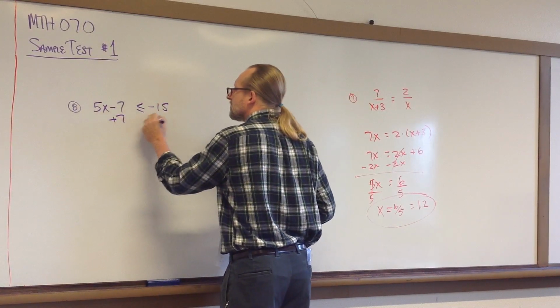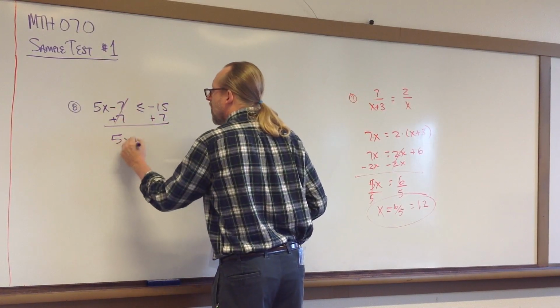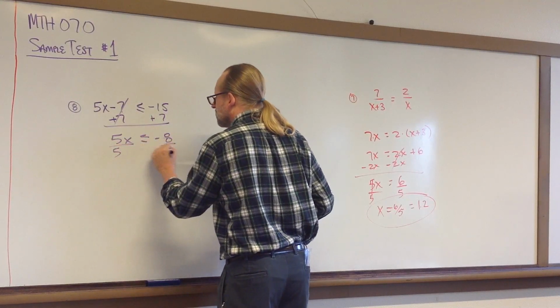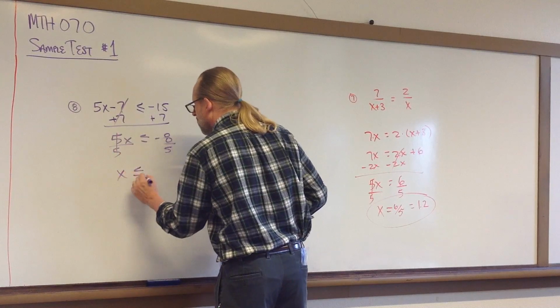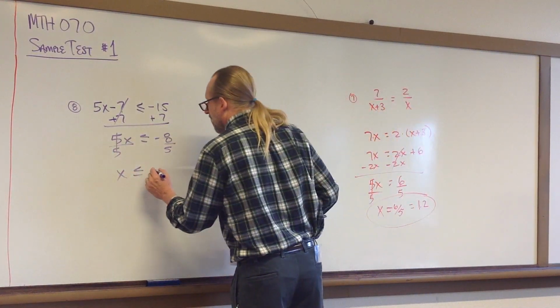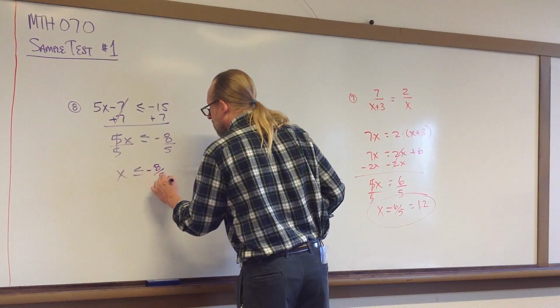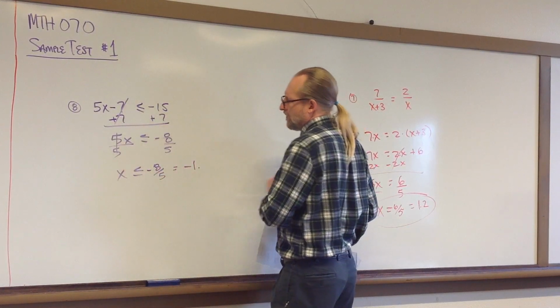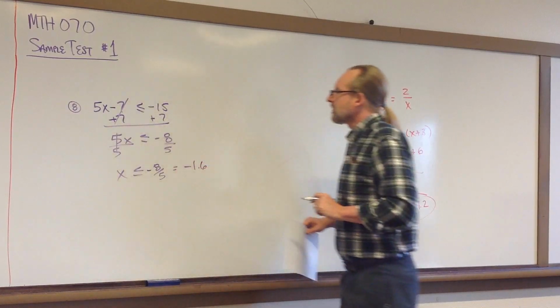So we can add the 7 over here and then divide on both sides by 5. X is less than or equal to negative 8/5, or negative, what is that, 1.6.